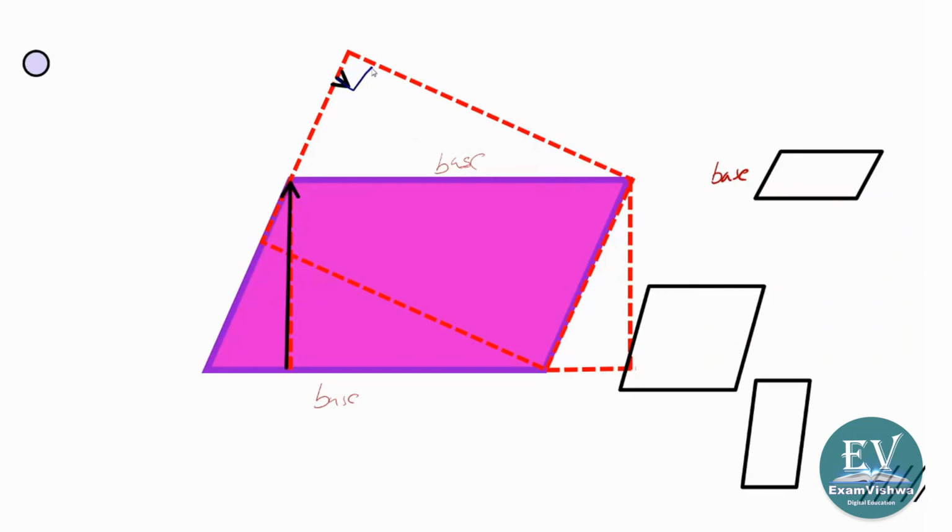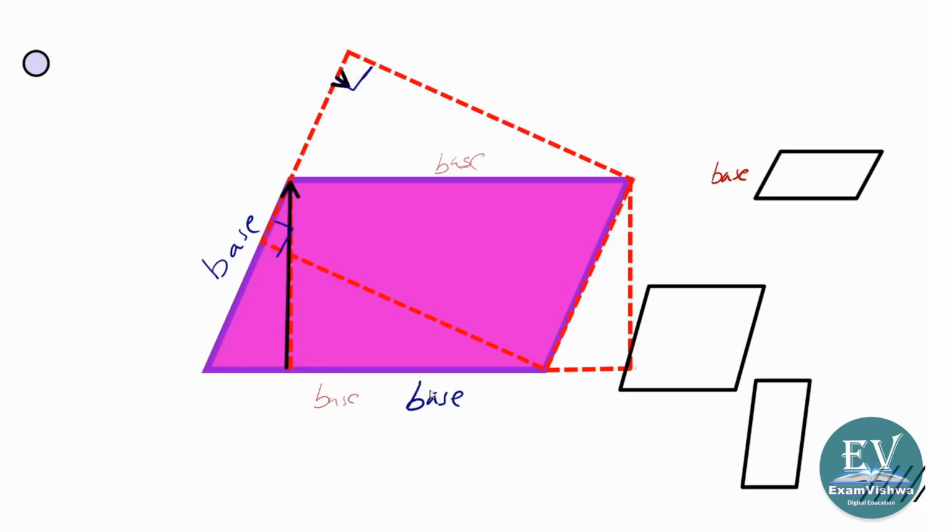When consider here 90 degree, here it is 90 degree. So that will be the height, considering this as base. So which side to be considered as base is up to you. All these are parallelogram. But height is the distance between the two parallel sides. Considering one side as the base, the distance to the opposite side, perpendicular distance, will be the height. This basic principle you should keep in mind while addressing the area of a parallelogram.